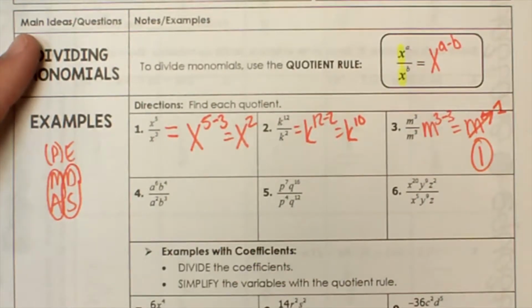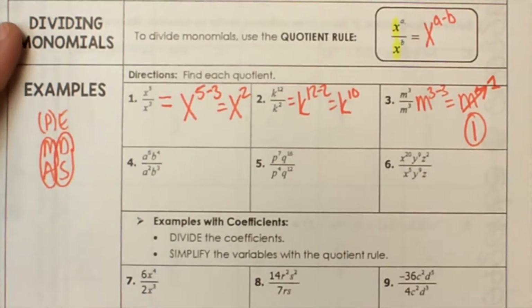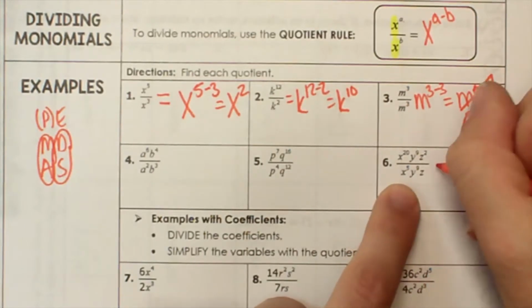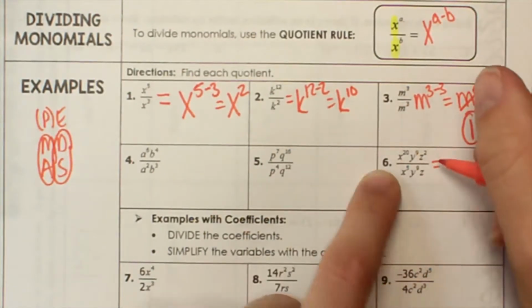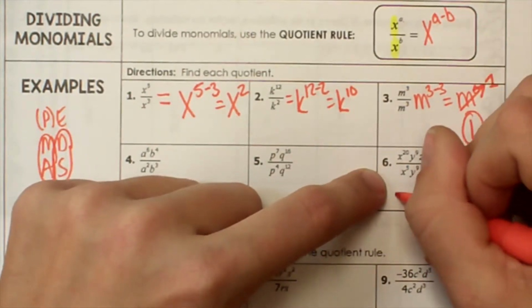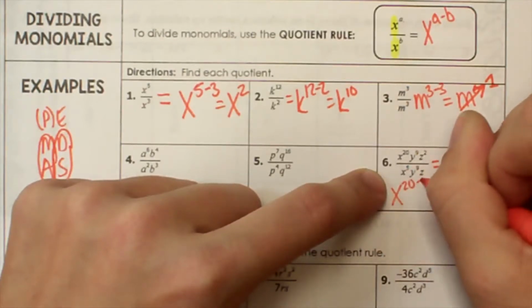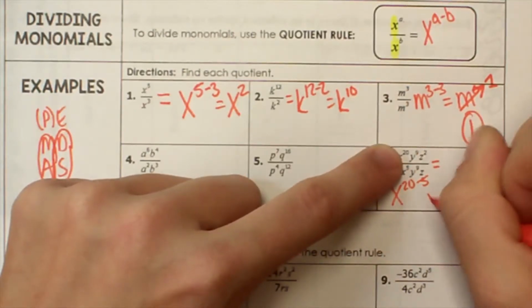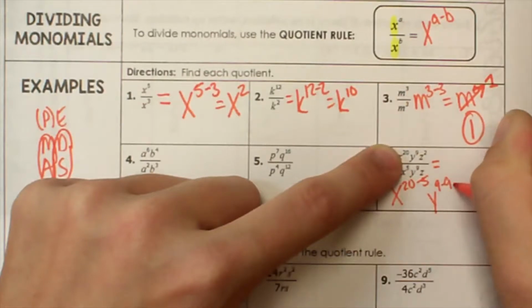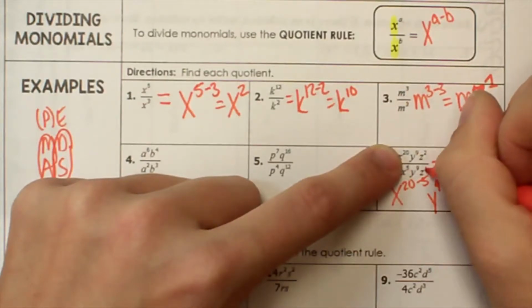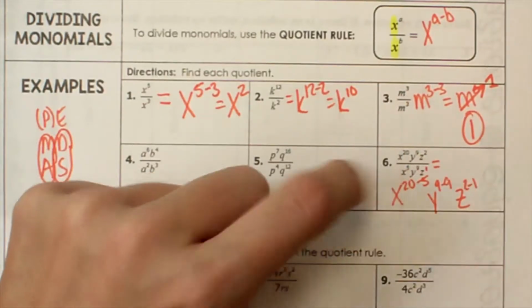Let's look at number 5. Or actually, let's look at number 6 because they get a little trickier. I'm going to write down here so we can see: x to the 20 minus 5, y to the 9 minus 9, and z, that one's supposed to be a 1, 2 minus 1.